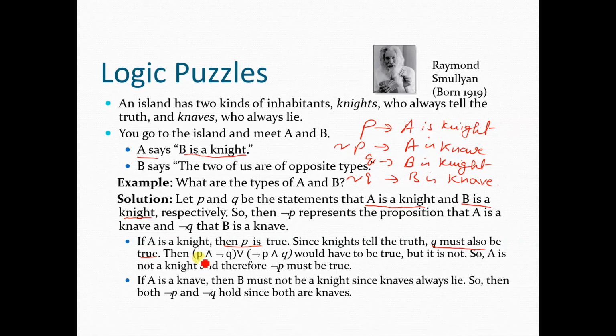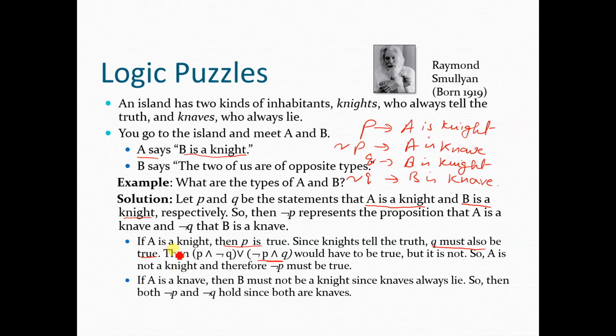Because if P is true and Q is true, negation Q is false. Similar is the case in this proposition. If P is true, then negation P is false. So false and true is false. So false or false is also false. But this is not true. So A is not knight.